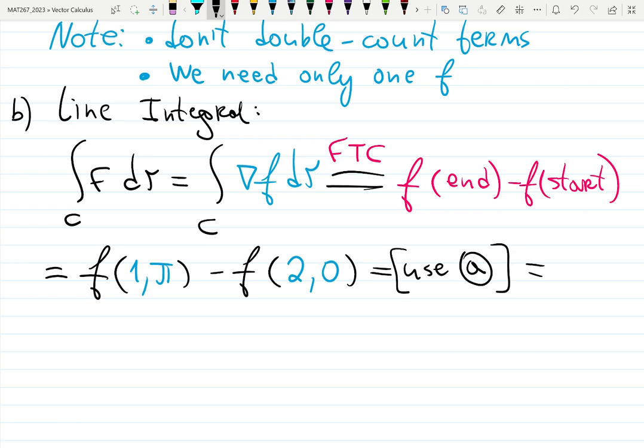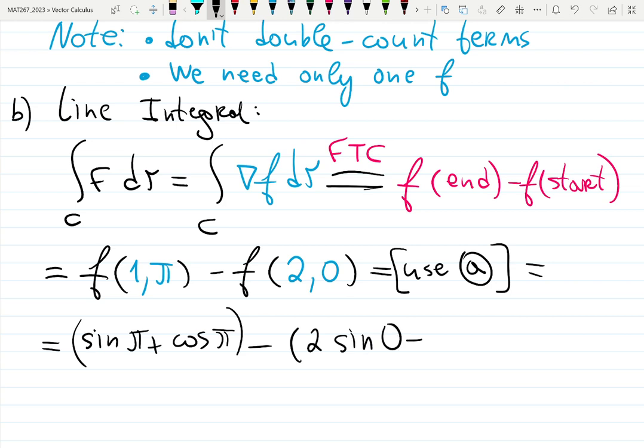We will use the function of A, and it gives us sine pi plus cosine pi minus 2 sine 0 minus cosine 0. Minus or plus? Let me check. Plus. We plug it into the function we just found, and it gets us the answer equals minus 2.